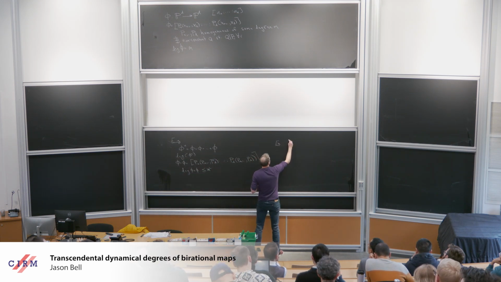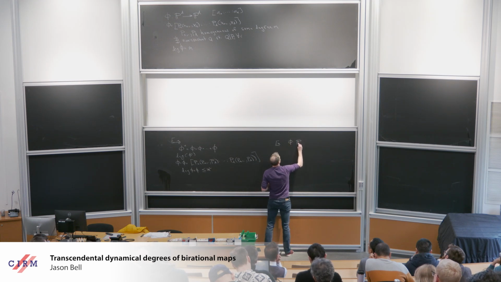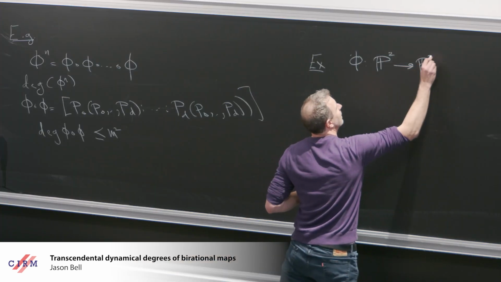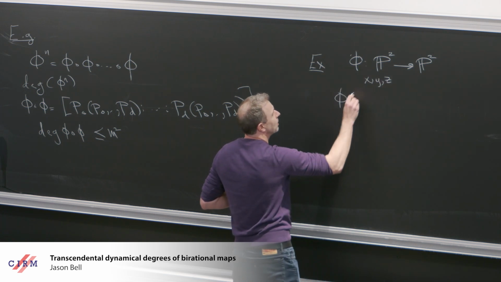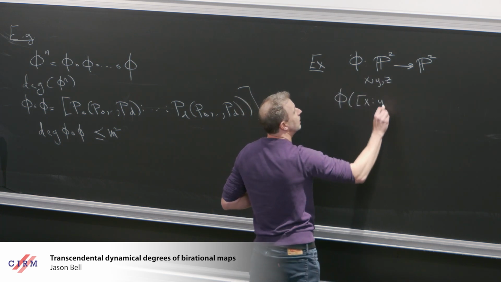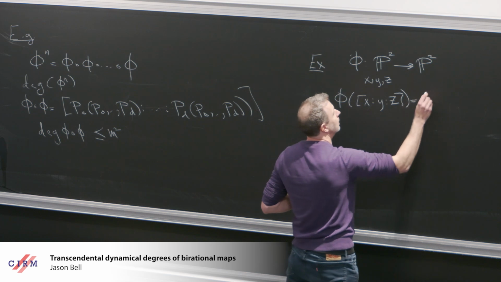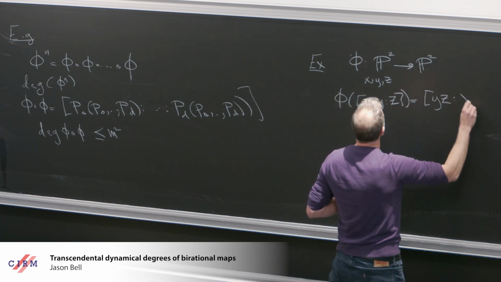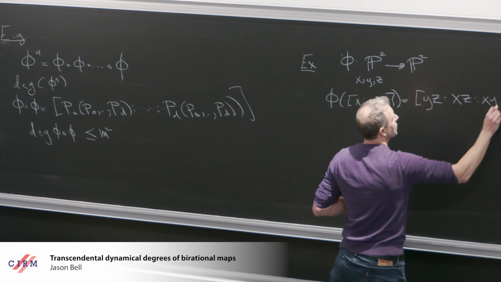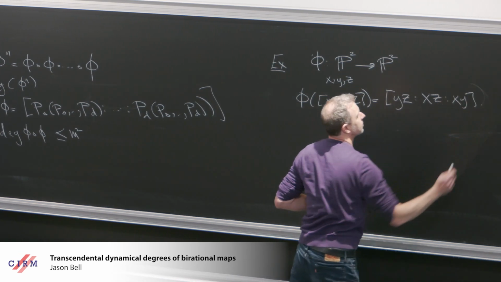So here's a map on P2 to P2. I'll use coordinates x, y, and z. So I can make the map that sends (x,y,z) to (yz, xz, xy).